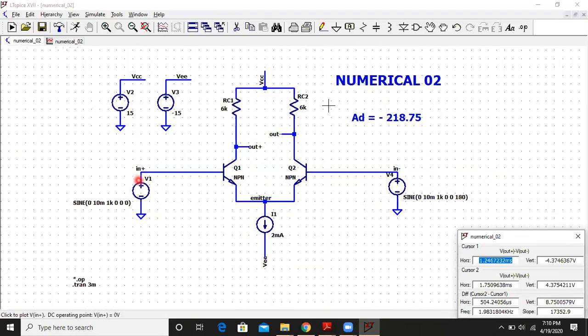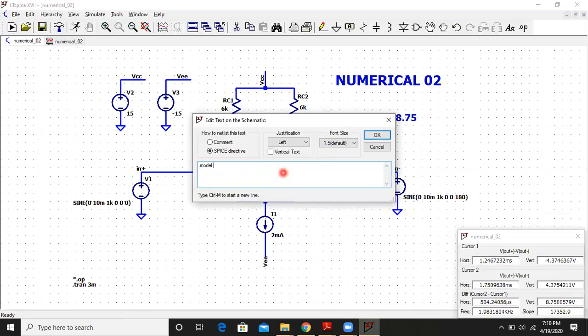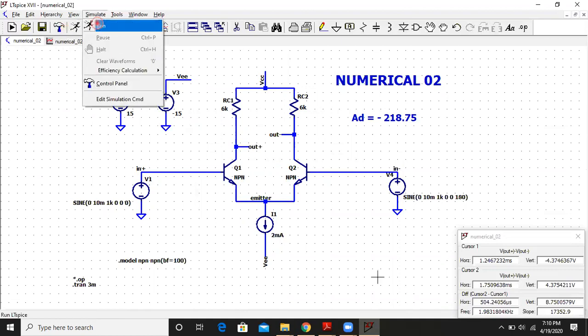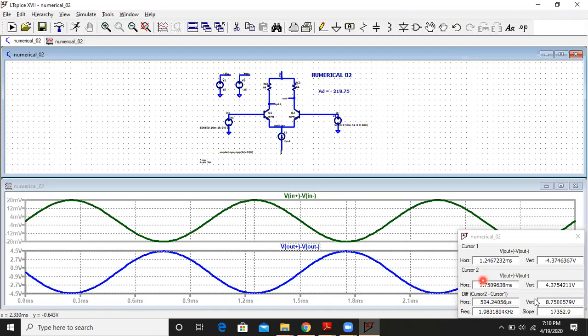We can define the dot model statement npn with beta as 100, and even after doing it, let us see whether we are getting any changes or not. So we'll simulate it again. No, we are getting exactly the same result.